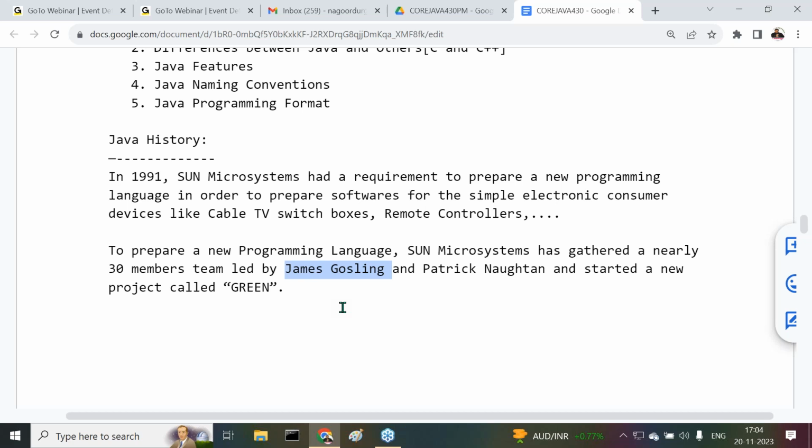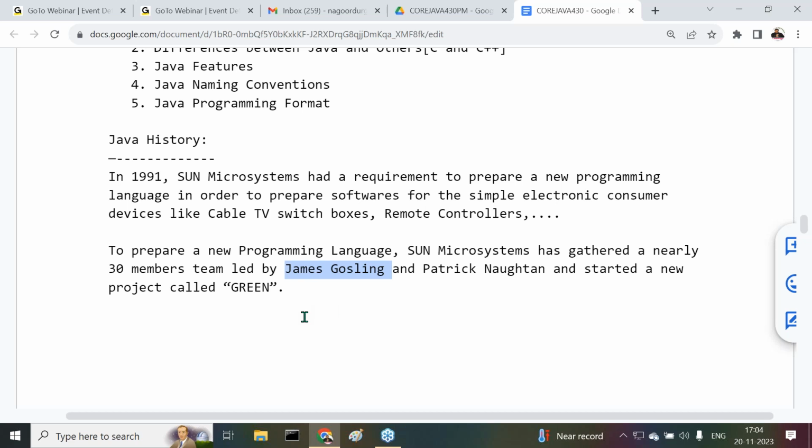But people like Patrick Naughton are still associated with Sun Microsystems, which is now Oracle Corporation. Understand it clearly. Initially he took the responsibility, later he left Sun Microsystems. He might be with some other organization. But still we say his name is whole and soul, that means he is the root person for the Java programming language.